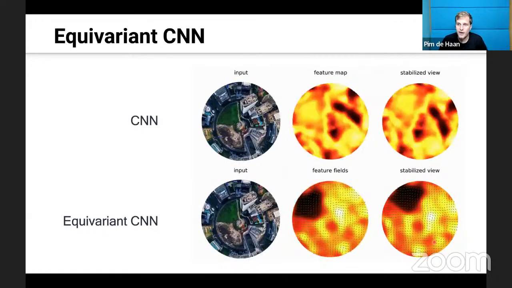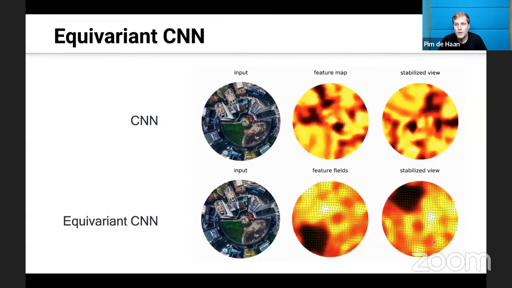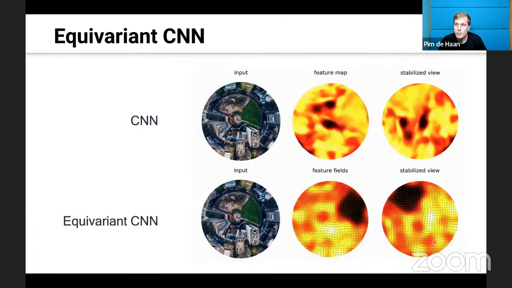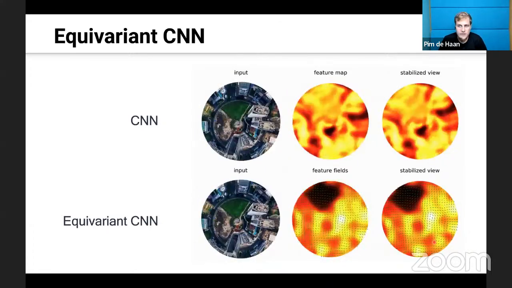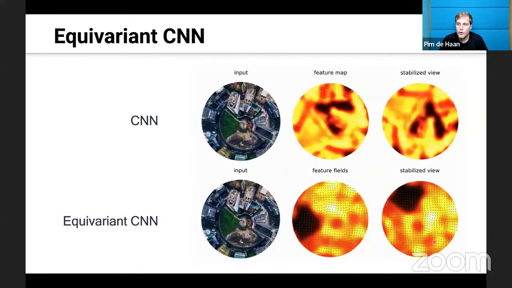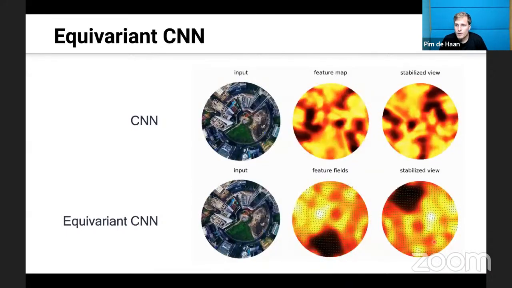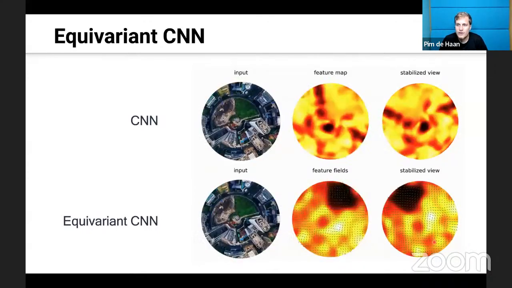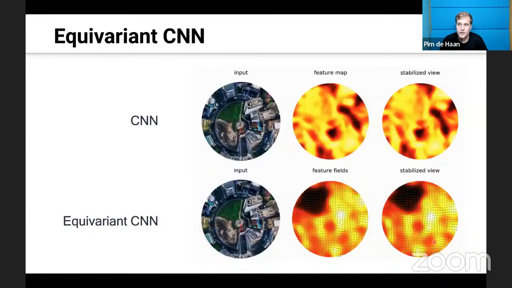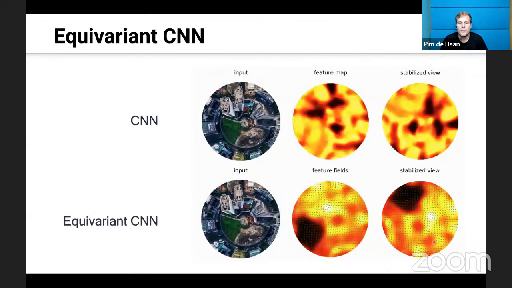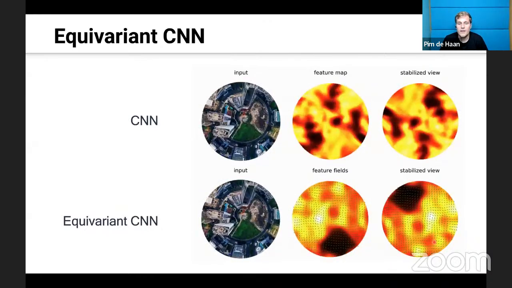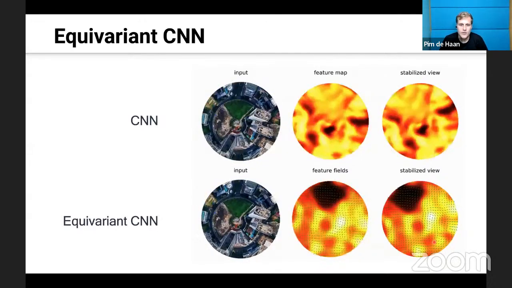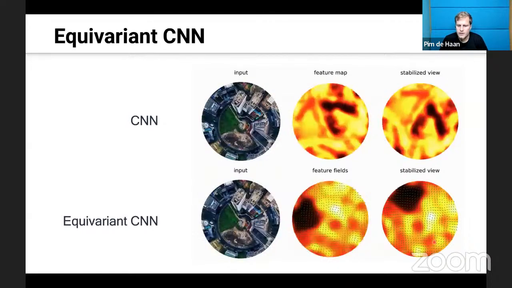So this creates a very large augmentation space. A second reason why built-in equivariance may be preferable is that it's about generalization. If you do augmentation, then you only augment your training data set, and you have no guarantees of equivariance for your test set. If you hard code equivariance, then you do have the guarantee that also in your test set, your network is equivariant.